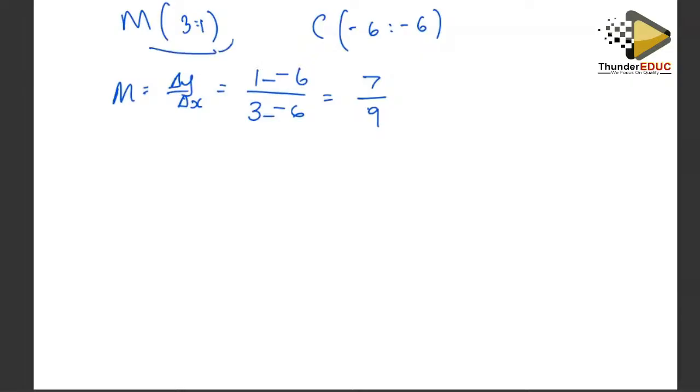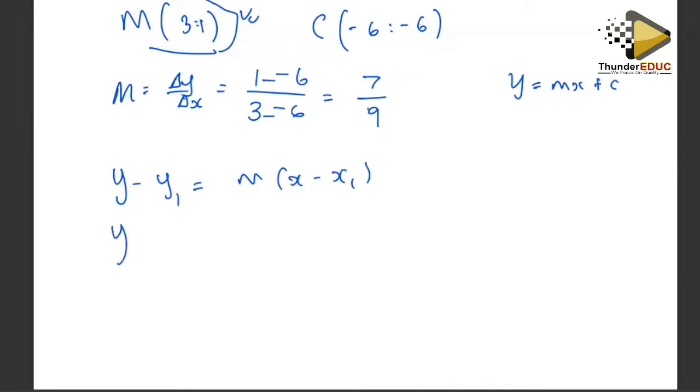Then let's use this point. Some people prefer to use the mx plus c. They look for the c. I prefer to use y minus y1 is equal to m into x minus x1. I'm going to use the point M. So it's saying y minus 1 is equal to our m, which is 7 over 9, into x minus 3. We open this up.